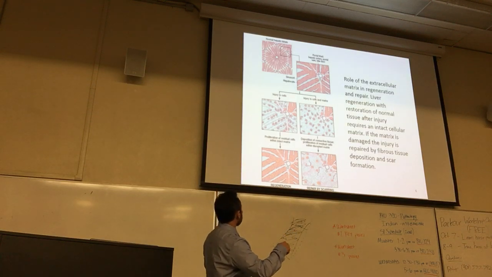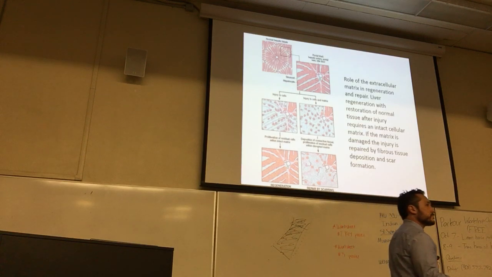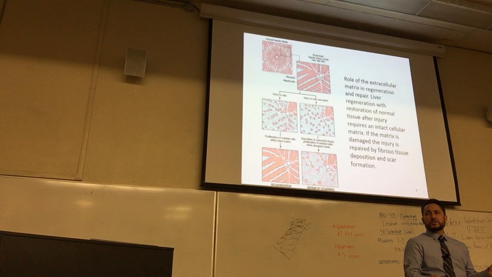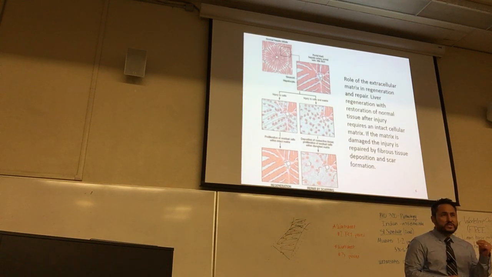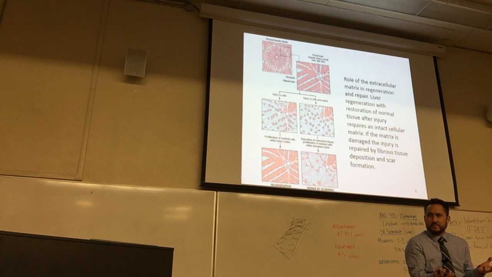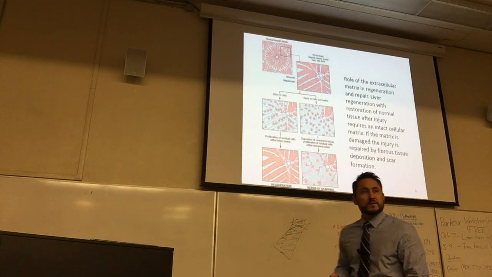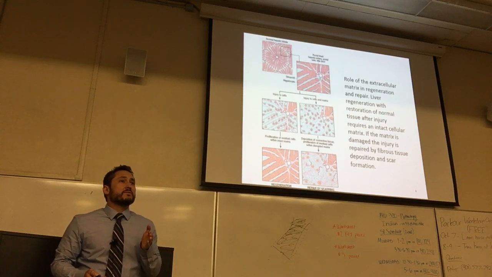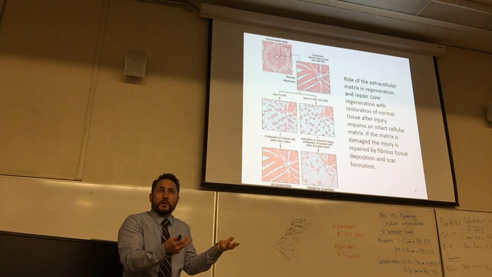So what would be an example of when you would have one versus the other, you might ask? Well, damage to the cells might be when you have a hypoxic condition to the organ, but it's transient. It's over a short period of time, where the cells die and the matrix is really untouched. In contrast, if you had, say, trauma to the liver, like in a car accident, you might have complete laceration of a portion of the liver, and now the architecture, the framework has been disrupted.